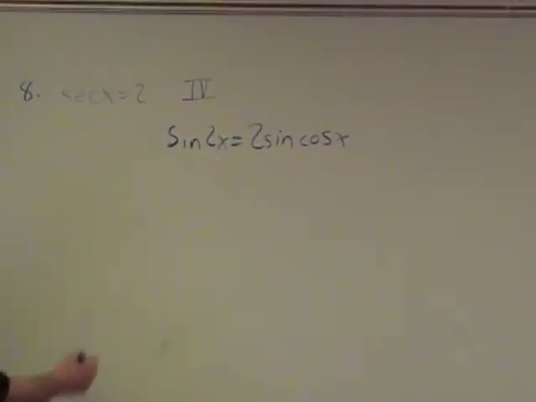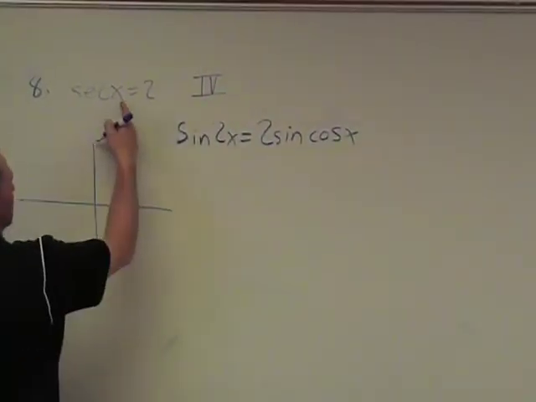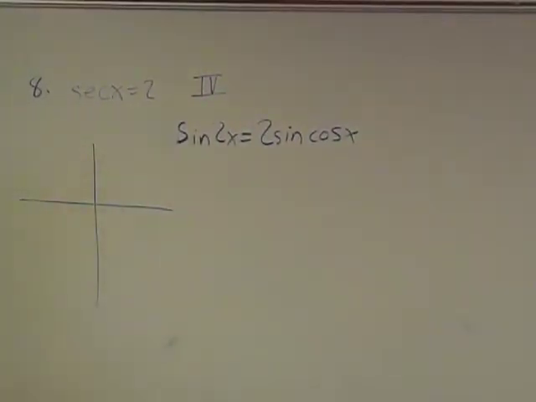Okay, so we're in quadrant 4. Let's draw a triangle. The secant of x is what? What is another way to write secant of x? 1 over cosine of x. Okay? Which is just the x value.